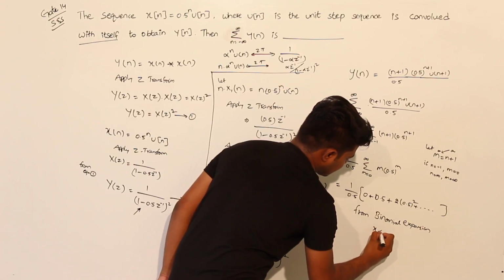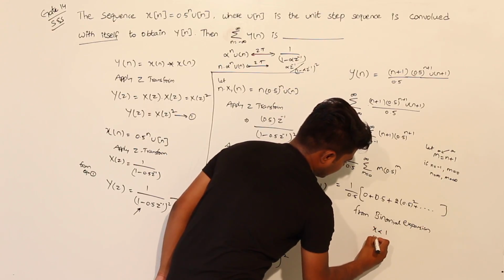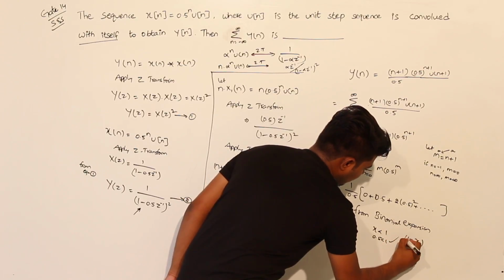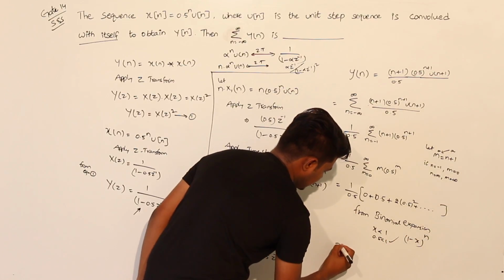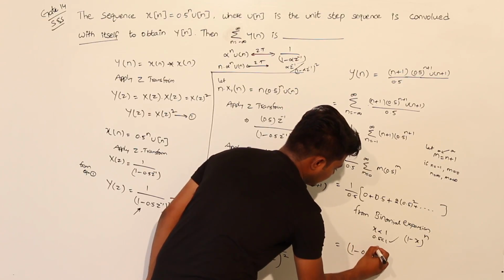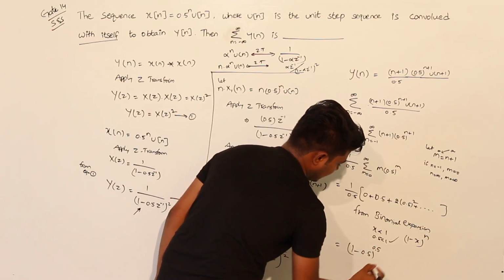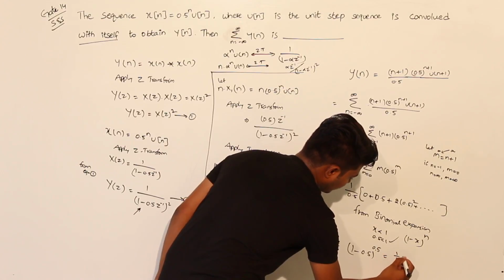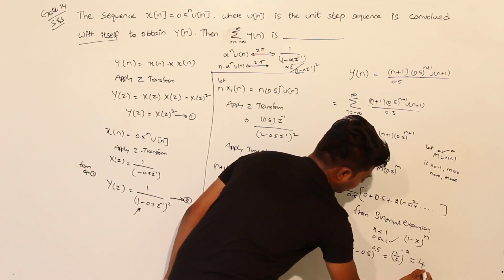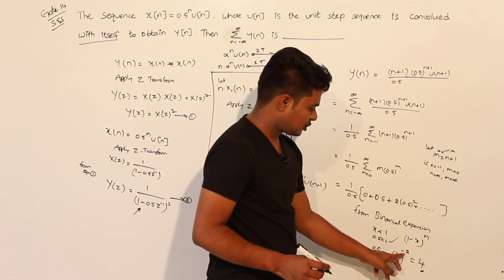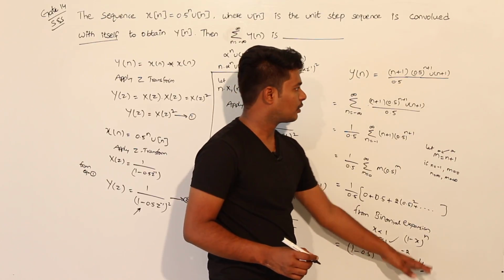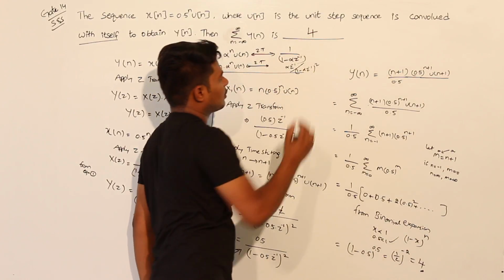Here x is less than 1, 0.5 is less than 1, true, so the sum is x by (1 minus x) whole square, that is 1 by 2 whole power minus 2, which is equal to 4. Since minus 2 we can write as 2 whole power 2, that is 4. So the answer will be 4.